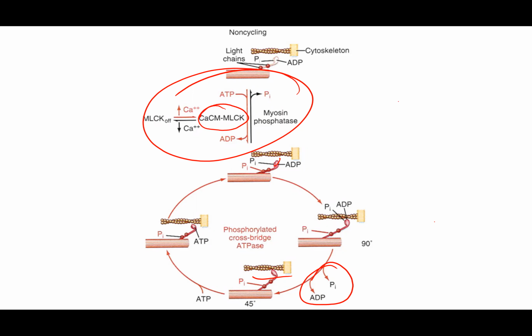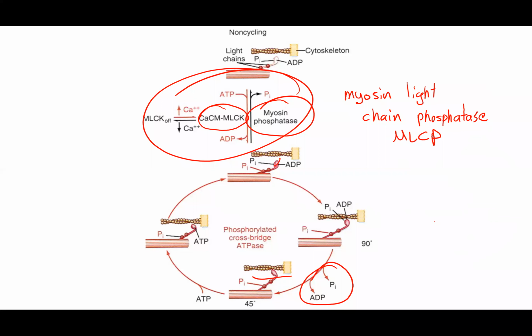And this enzyme is known as myosin phosphatase or myosin light chain phosphatase, also known as MLCP.